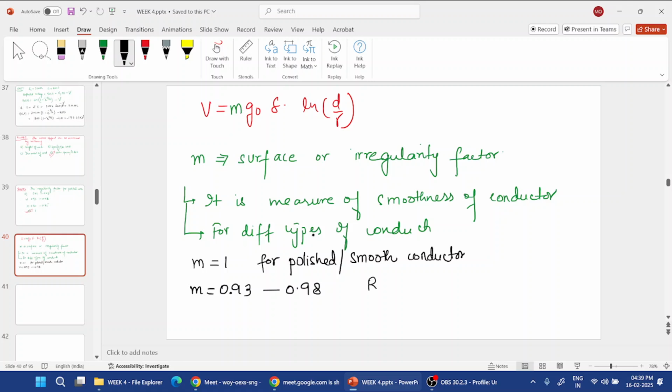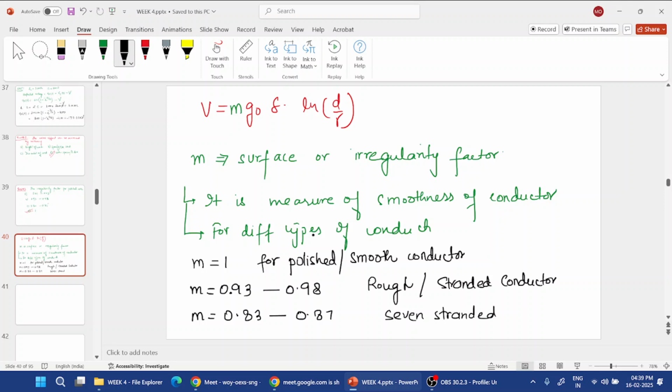For 7 stranded cable, its value ranges from 0.83 to 0.87. And if the cables have more than 7 strands, its value ranges from 0.9.